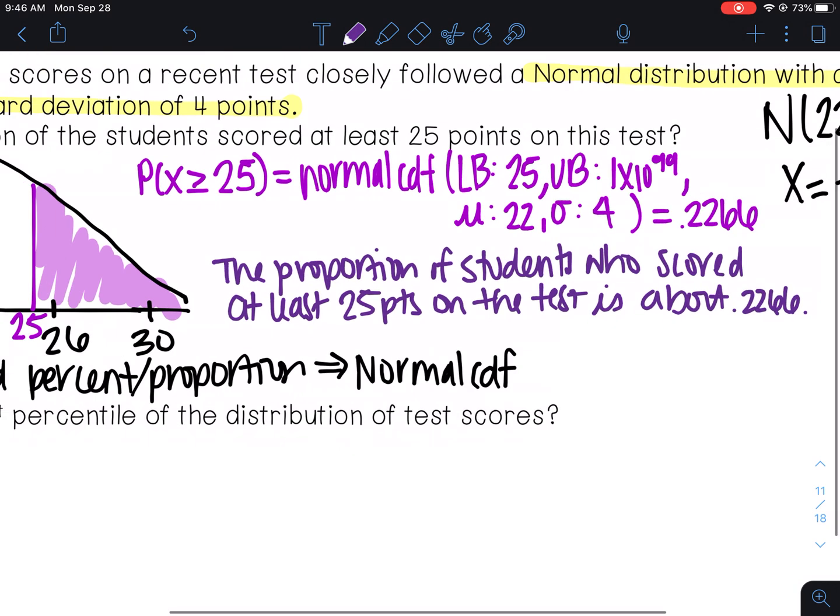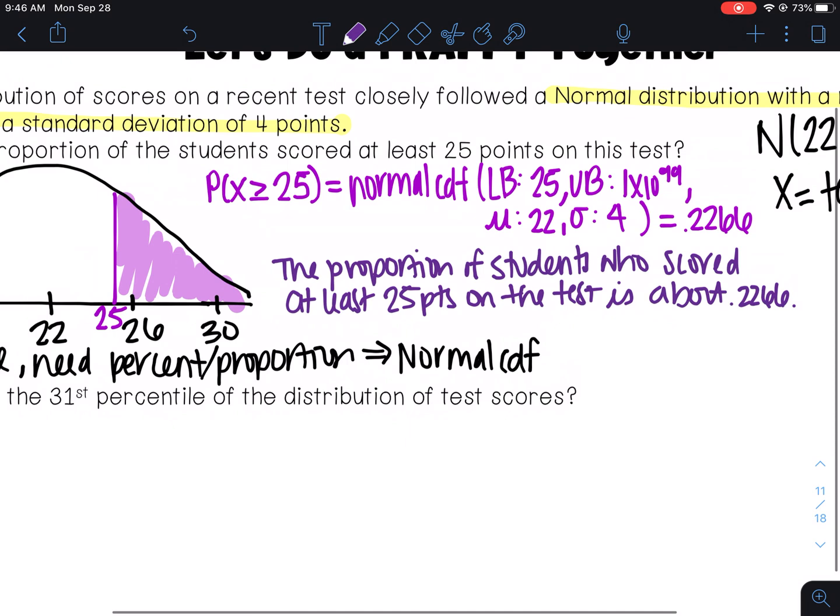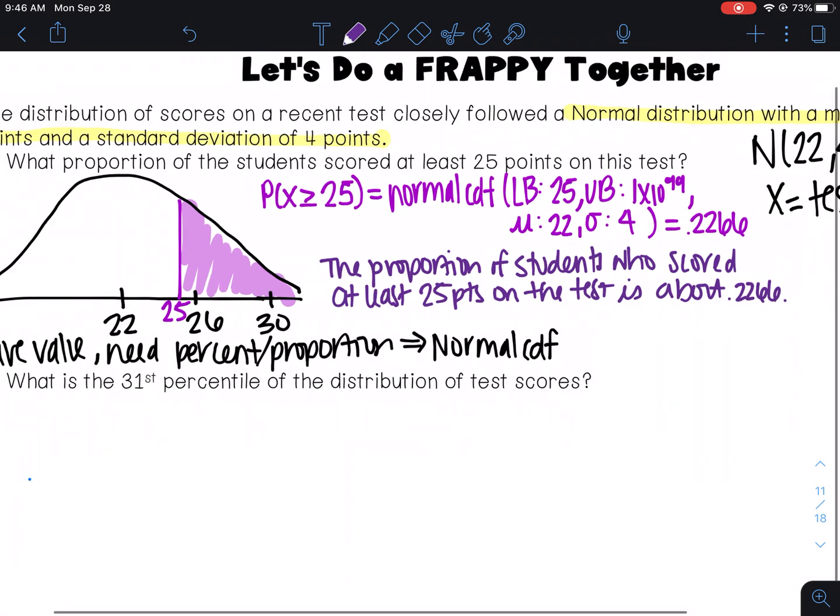So I always use about, approximately, roughly, because I had to round. Even if you're not rounding, it's always a good idea to make sure that you are using about, approximately, etc.